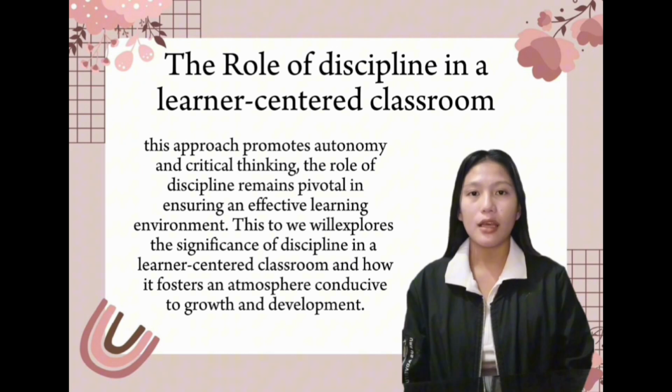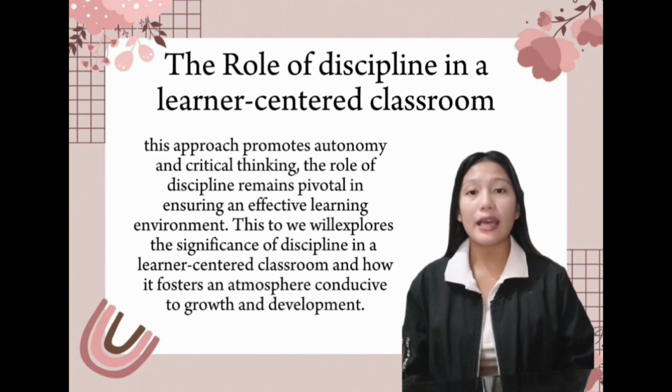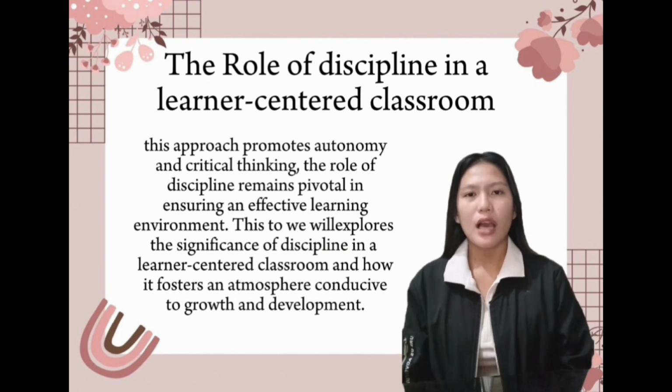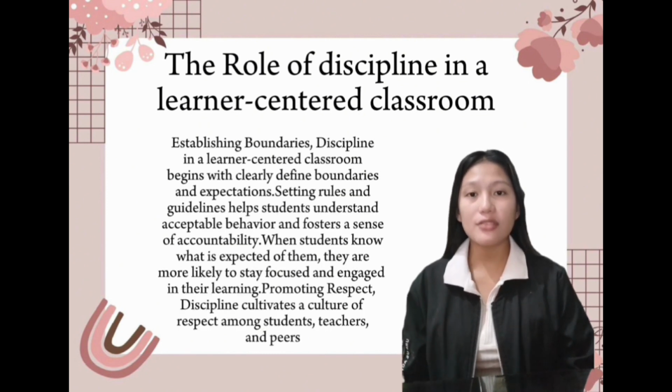Discipline in a learner-centered classroom begins when we clearly define boundaries and the expectations we need to meet within the classroom. Setting rules and guidelines helps students understand acceptable behavior and fosters a sense of accountability.